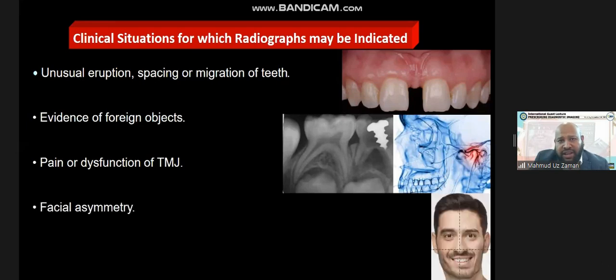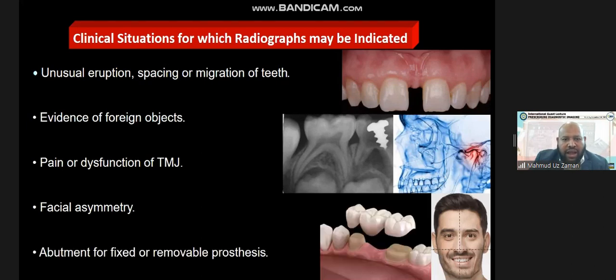Sometimes there is a facial asymmetry, then you will go for panoramic radiograph or MDCT or CBCT. And fixed or removable prosthesis, if it is a smaller one, you will go for periapical radiograph or panoramic radiograph, depending upon your clinical examination.